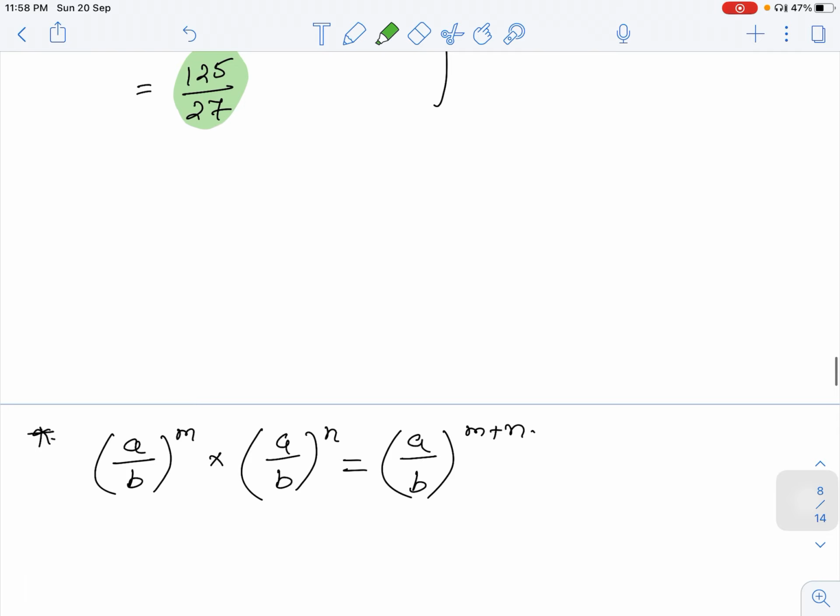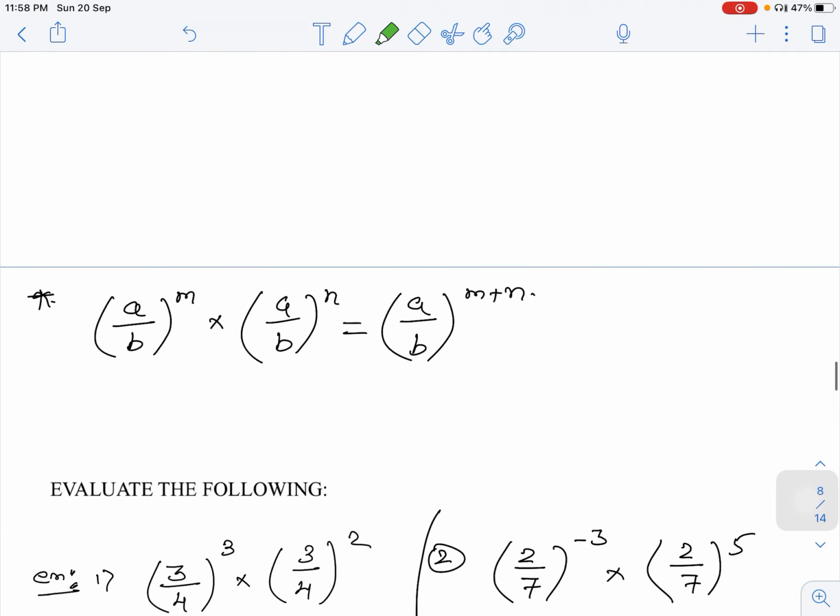Now let us move towards the second law. Suppose you have a rational number with power m, and it is multiplied by the same base, that is, (a/b) raised to m into (a/b) raised to n.